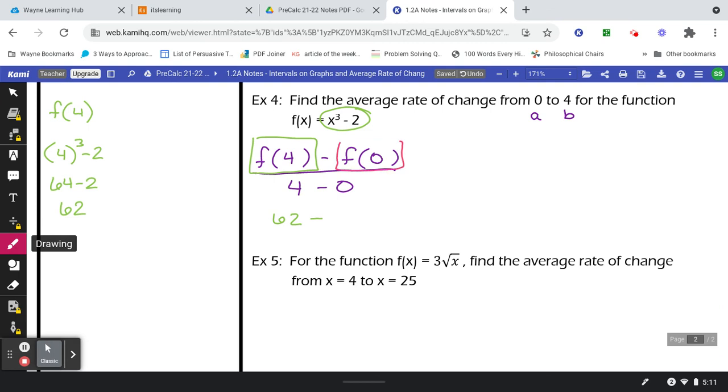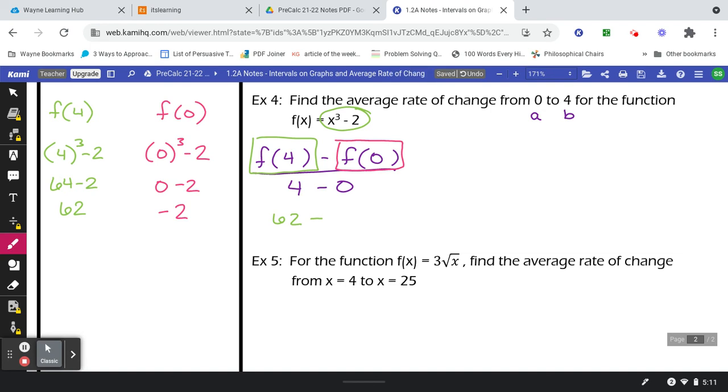And then I'm going to work on this f of 0, which means I need to plug in 0 into the equation. When I plug in 0, it looks like that, which gets me 0 minus 2, which gets me negative 2.